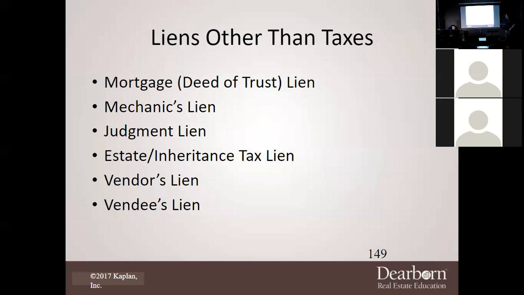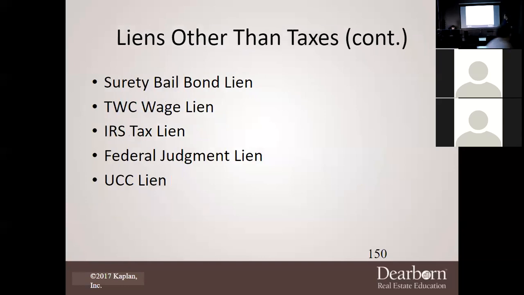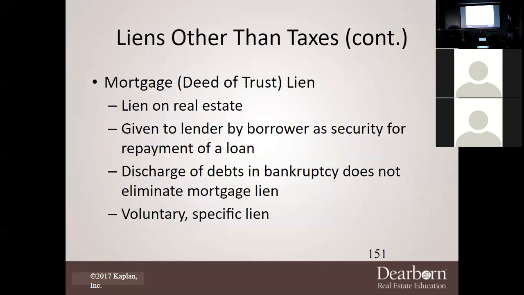There can also be what's called a vendor's or vendee's lien. Okay, these are different types that you need to know about. There's also what's called a surety bail bond lien. You get a bail bond, they're going to put a lien on your property. Okay. TWC, Texas Workforce Commission wage lien. Of course, an IRS tax lien, a federal judgment lien, or the UCC lien. Okay. There are many different types of liens that can be filed against your property.